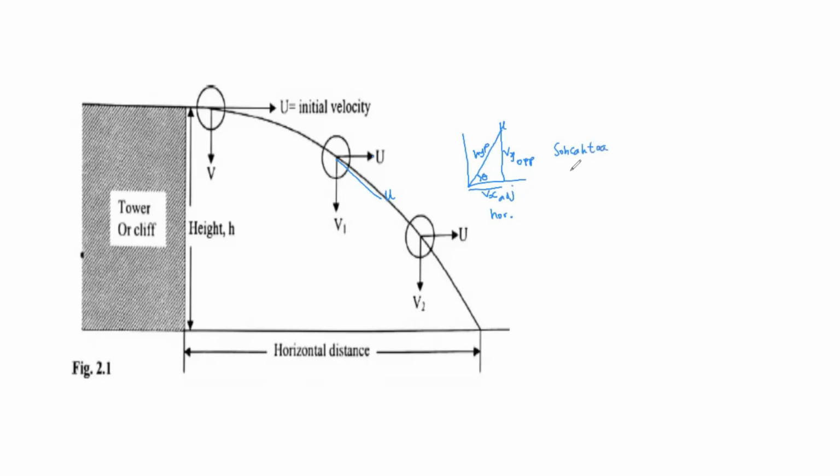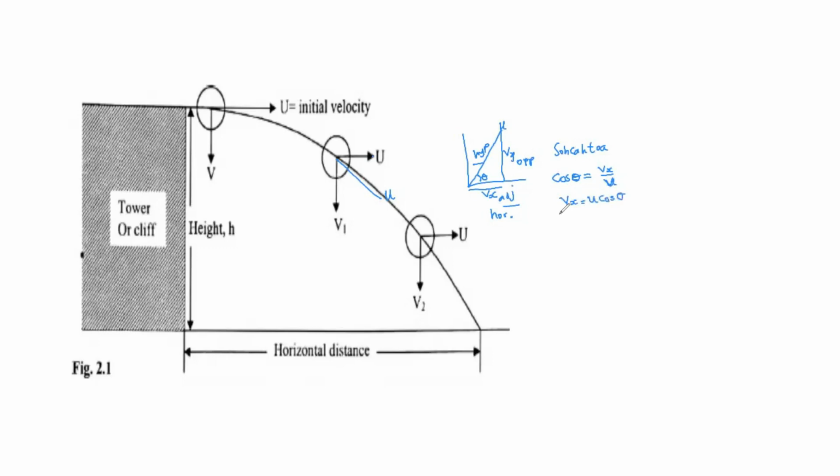If I consider cos, now I have adjacent and hypotenuse, so I'll be considering cos. And the cos in this direction will be cos theta equals adjacent, which is Vx, over the hypotenuse, which is U. So Vx basically will give me U cos theta.